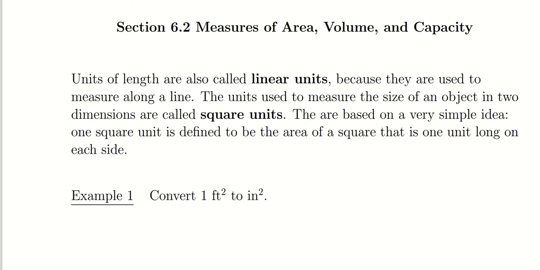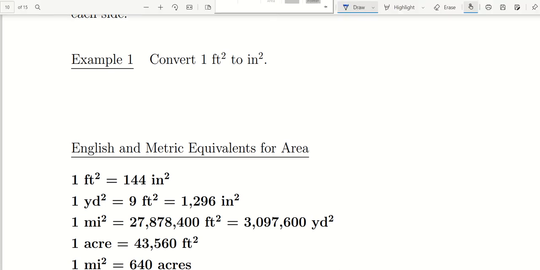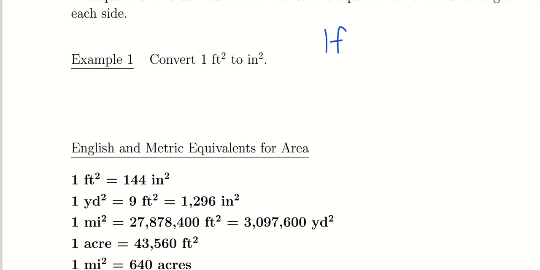The first conversion we want to do in this section is to convert 1 square foot into square inches. There are a couple of different ways that we can think about this. We know from earlier that 1 foot is equal to 12 inches. So these two values are equal, which means that their squares will also be equal.